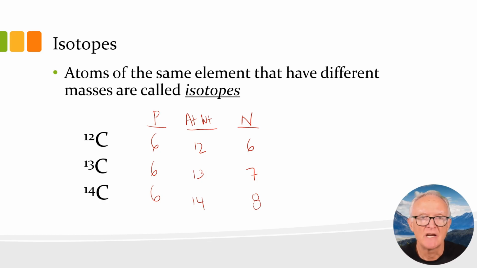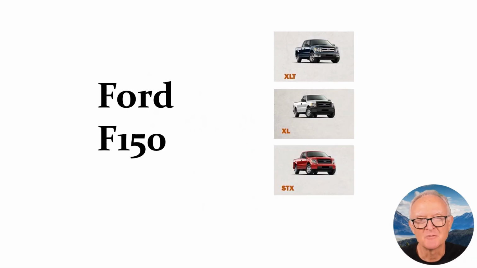It's just like you have a little hanger-on in the form of another neutron, or 2 neutrons, or maybe many more depending on which element you're talking about. Here we're talking about carbon, and there are just 3 isotopes of carbon, 12, 13, and 14. You can think about isotopes maybe a little bit like a Ford F-150. If you buy a Ford F-150, you can buy different styles, right?